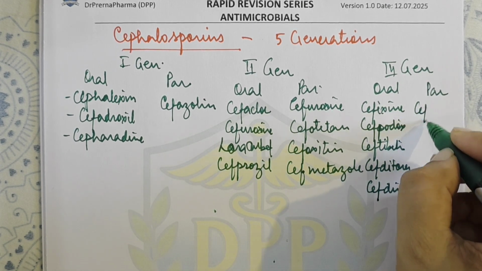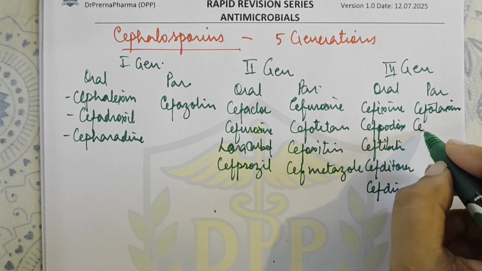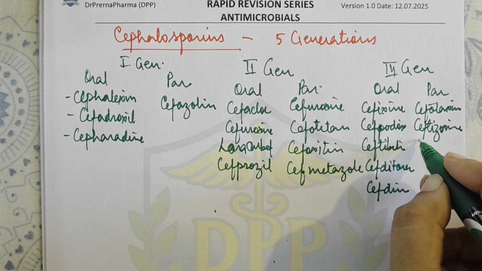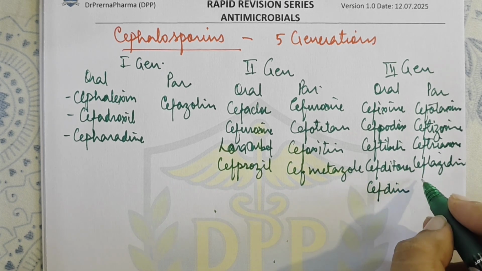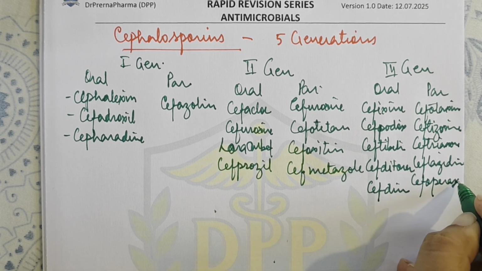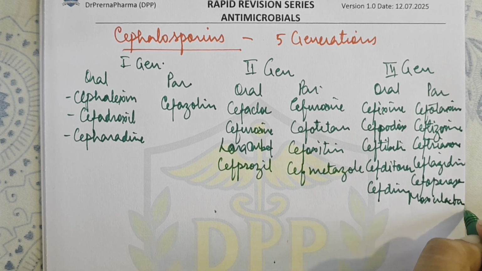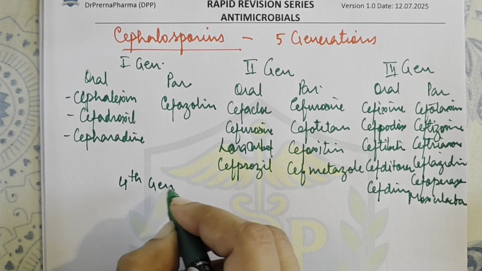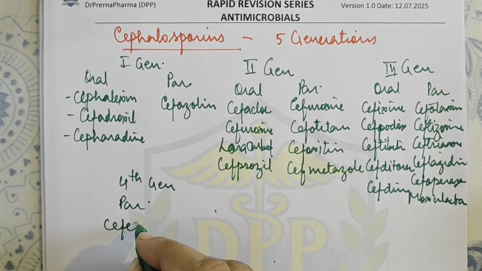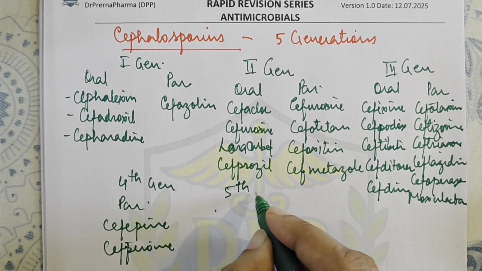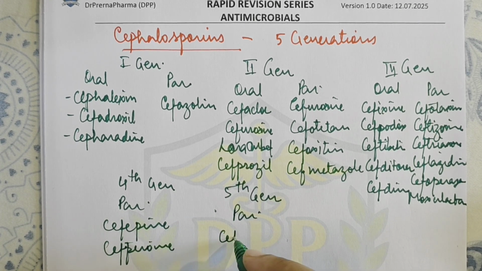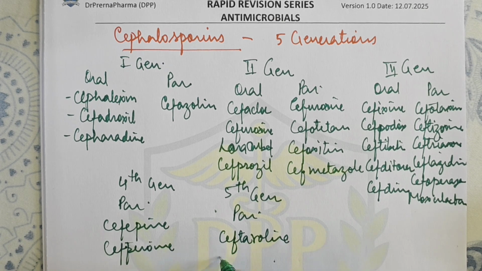In parenteral we have cefotaxime, ceftriaxone, ceftazidime, cefoperazone, and moxalactam. Then the fourth generation is only parenteral: cefepime and cefpirome. Fifth generation is again only parenteral, and here we have ceftaroline and ceftobiprole.